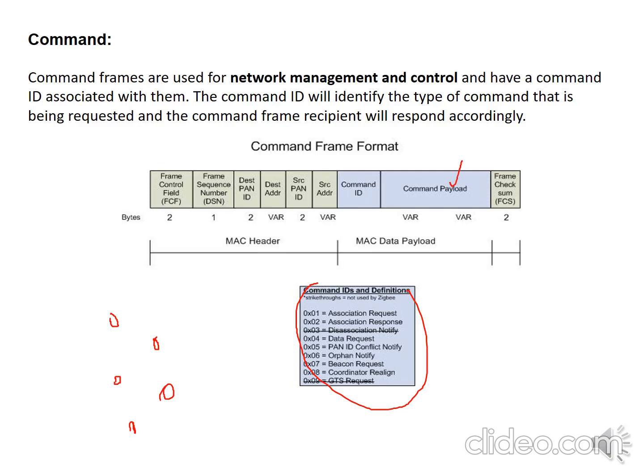The command ID could be association request, association response, data request, PAN ID (personal area network ID) conflict notification, orphan notification, or beacon request. So if in the command ID we have hexadecimal 05, this means this is a personal area network ID conflict command.